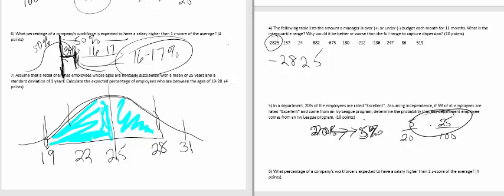Well, so how do we do that? Two standard deviations on this side capture what? Well, if two standard deviations on both sides is 95%, two standard deviations on one side is half of that, or 47.5%, or 0.475.